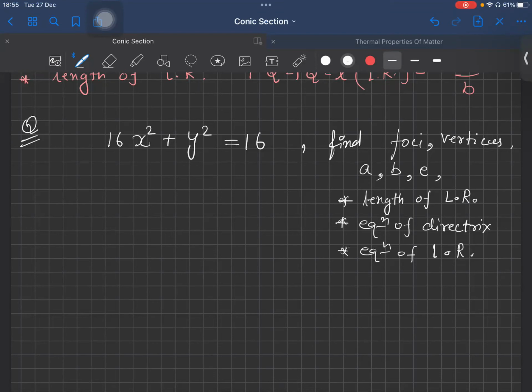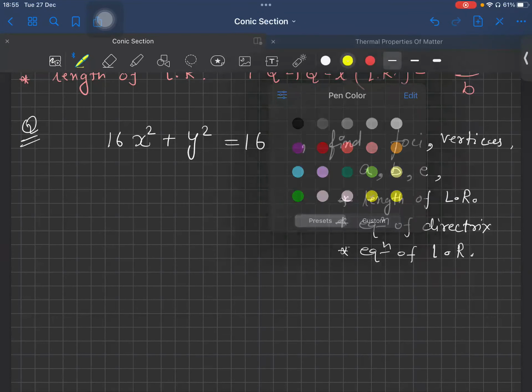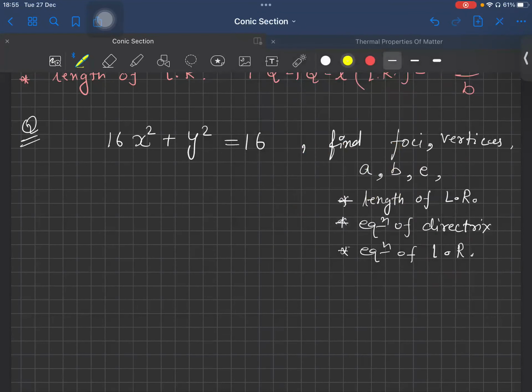See, compare it with the standard equation. What is the standard equation? x square upon a square plus y square upon b square is equal to 1. That means on the right hand side, you always need to make it unity. So you will divide the equation by 16.